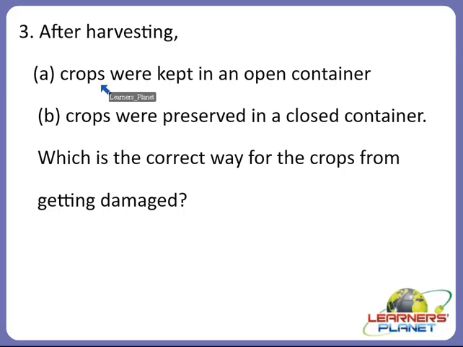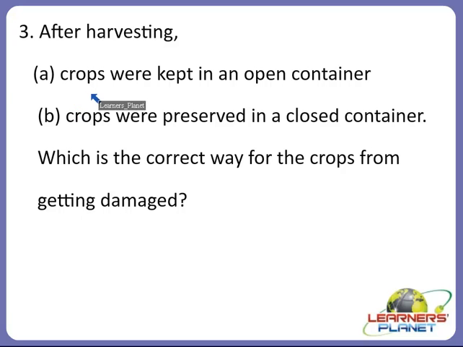Yes. So the next question is that after harvesting, which is the last step of agriculture, the conditions mentioned here are that crops were kept in an open container and the crops were preserved in a closed container, no matter whatever crops they are, right?